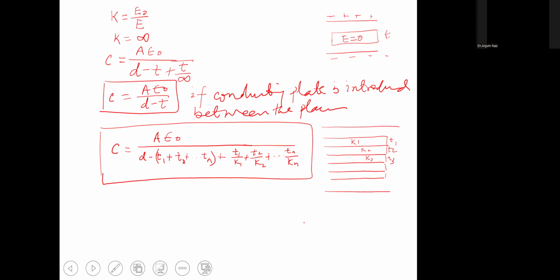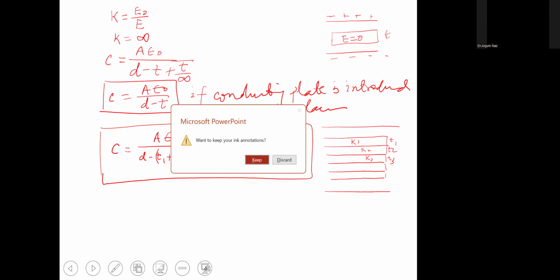I hope you understand this, and in the next class we will learn about the combination of capacitors and find the capacitance when different dielectrics are placed between the plates, and the capacitance of multi-plate capacitors. Thank you. Now we are going to end the class.